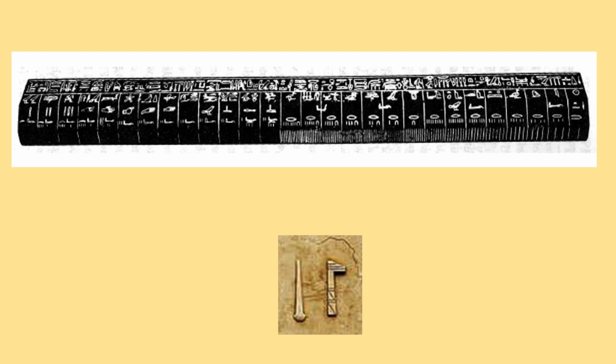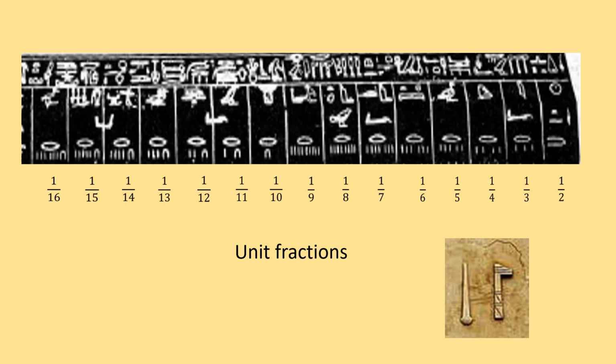Another clear example of the Medu Neter numerical system is this instrument. This instrument predates what we currently call a ruler, a measuring tool that we use today. I will highlight one section of this particular instrument. If we focus in on the bottom right corner, we can clearly distinguish these unit fractions written in Medu Neter.